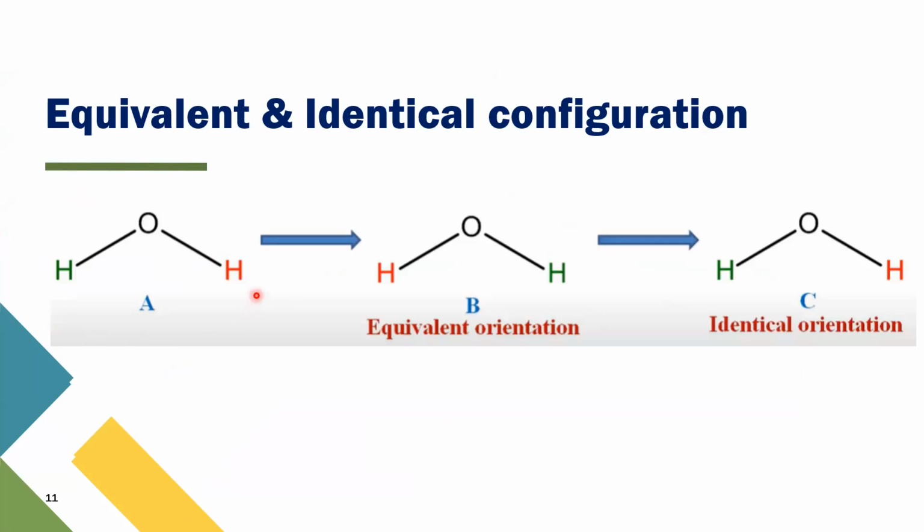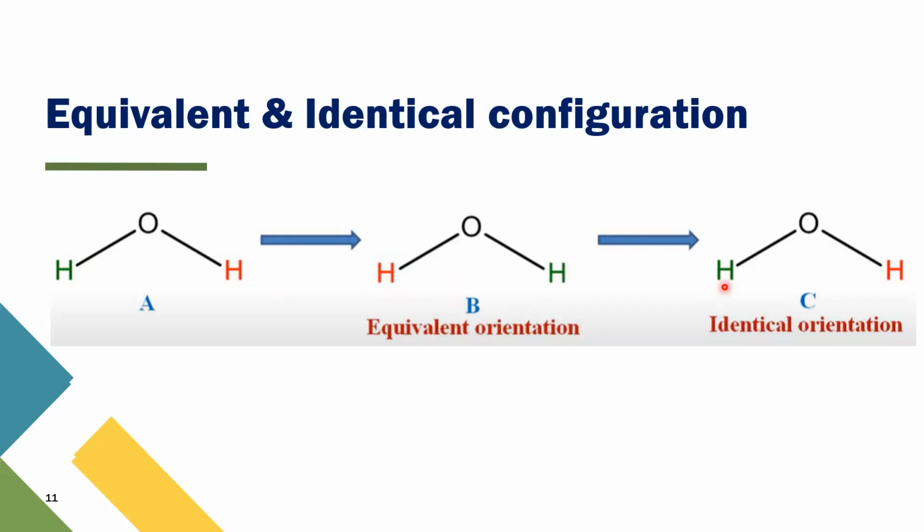Now the same thing. The A molecule, after rotating 180, you get the B molecule, right? And if you rotate again 180 degrees, you get the C. So here you see A and B look the same, right? The only thing is the orientation of the nuclei, the two hydrogen atoms have changed. So therefore we call this an equivalent orientation, or equivalent configuration.